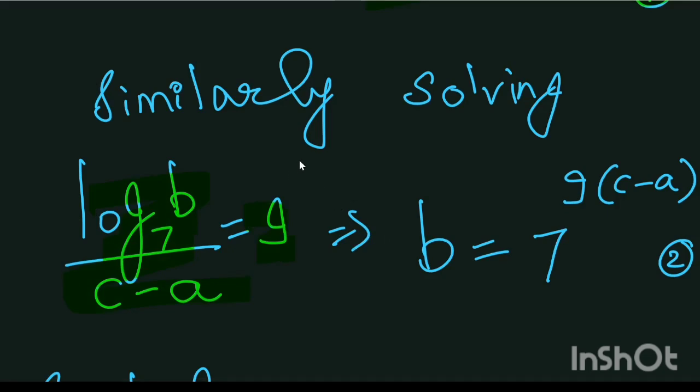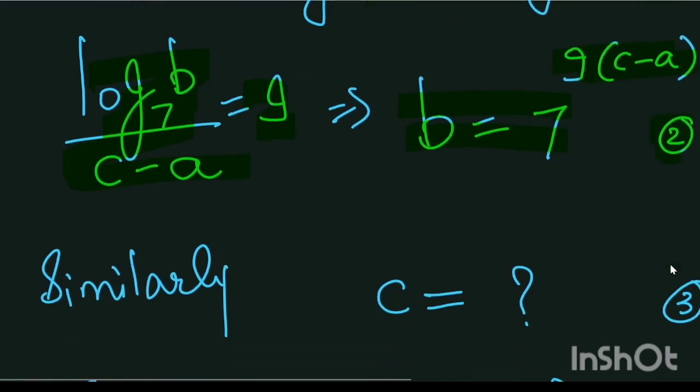In the similar way, using the definition, we would get b is 7 to the power 9c minus a. Let's say this is the second equation. In the similar way, c that we will get would be what, guys? Similarly, if you see, it is following a cyclic pattern. So we can directly write the value of c as 7 to the power 9 of a minus b.